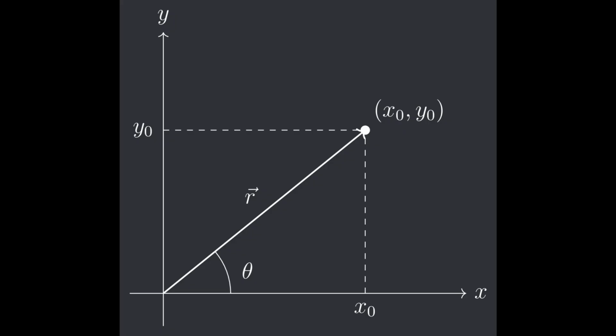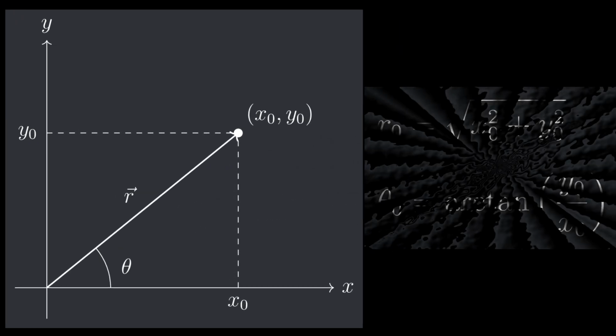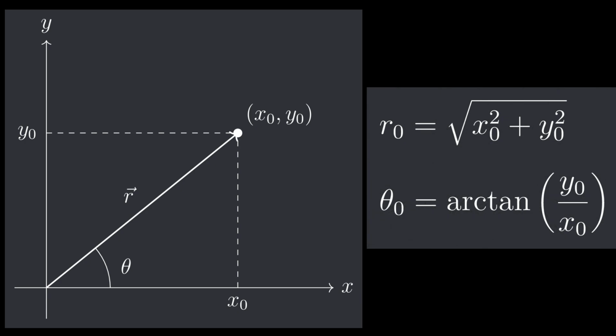So r0 will be simply the square root of x0 squared plus y0 squared. The other coordinate is theta, and here we will call it theta naught. To find it, we just need to evaluate the tangent of theta. From the diagram you can say it is y naught by x naught. So the angle theta will be simply the tan inverse, or the arctangent, of y naught over x naught.